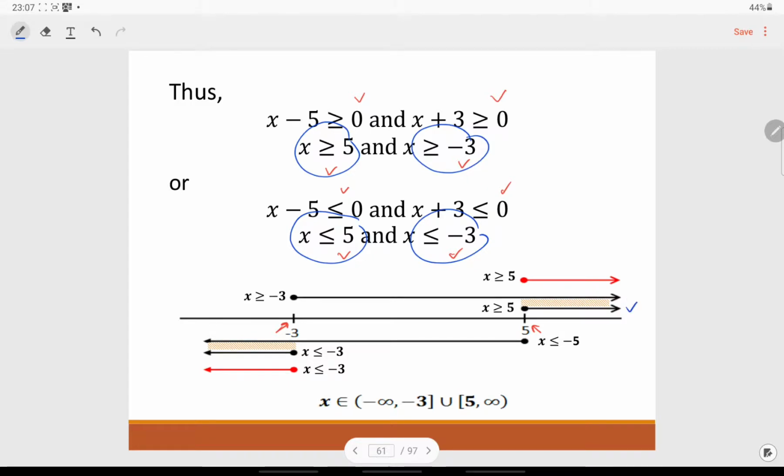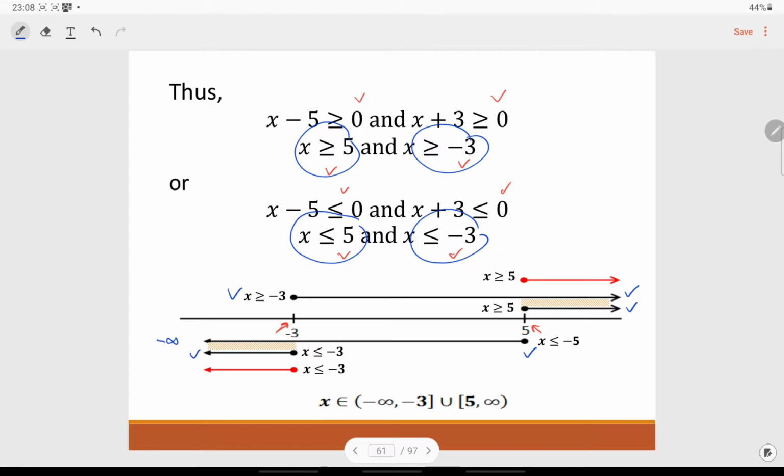We have this line pointing to positive infinity. Then x greater than or equal to negative 3, also pointing to positive infinity. On the other side, x less than or equal to 5 is represented by this line moving to negative infinity. And lastly, x less than or equal to negative 3, we have this line.